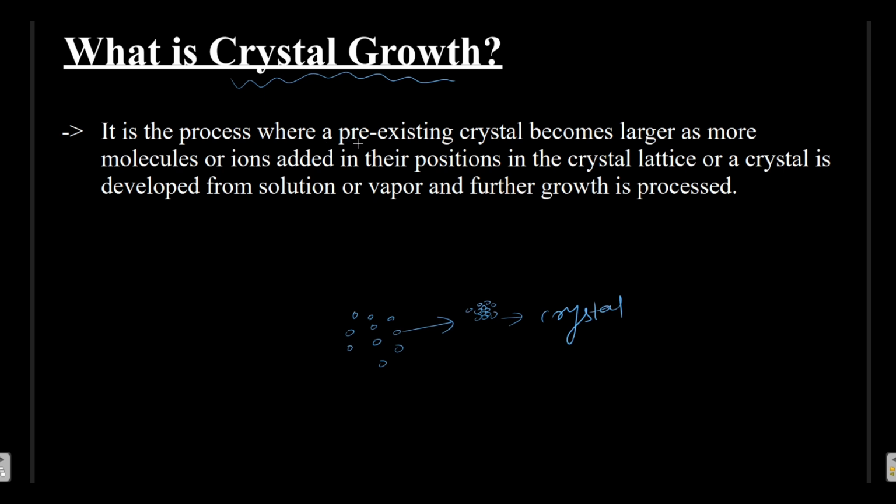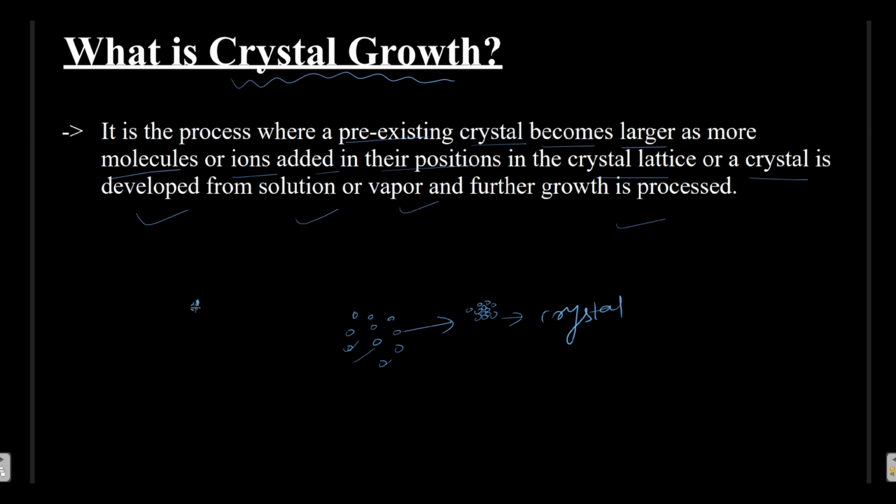So it is the process where a pre-existing crystal, these are crystal seeds, becomes larger as more molecules or ions are added in their positions in the crystal lattice, or a crystal is developed from the solution or vapor and further growth proceeds.